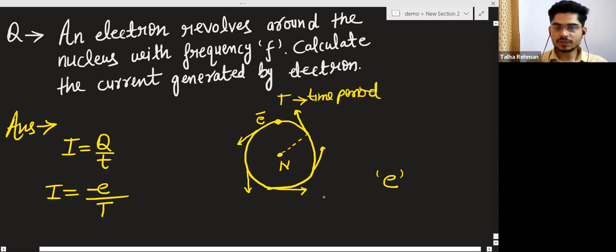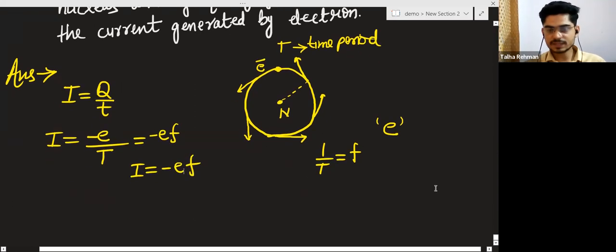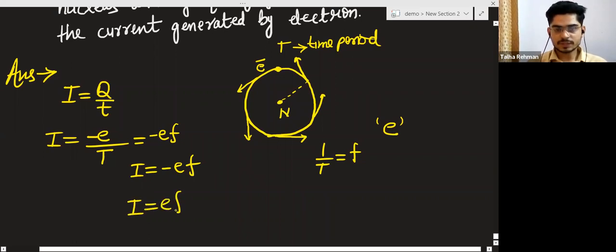And you have told me that frequency is 1 upon time period. So minus E, instead of 1 by T, I can write F. So the value of current is minus EF. If someone is asking us only magnitude, so we can write I is equal to EF.